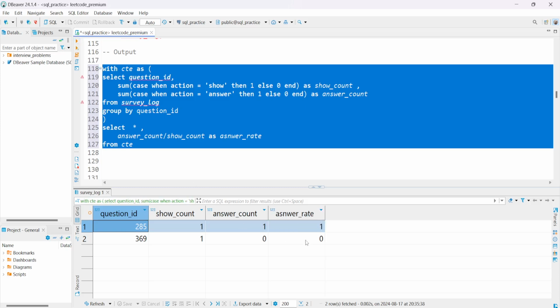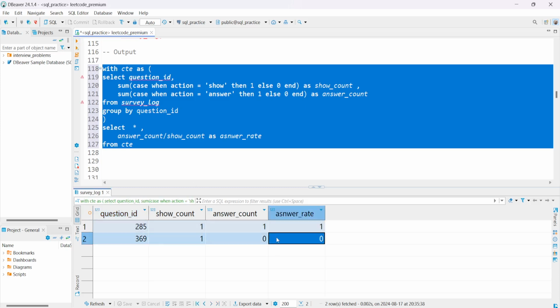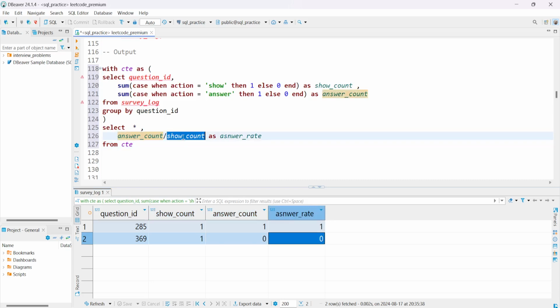So let's run this. Okay, now if you see here, 1 divided by 1 we got 1, and 0 divided by 1 we got 0, right? But this is integer by integer division. To avoid that issue, we can multiply it by 1.0.